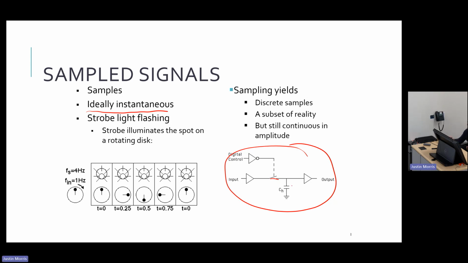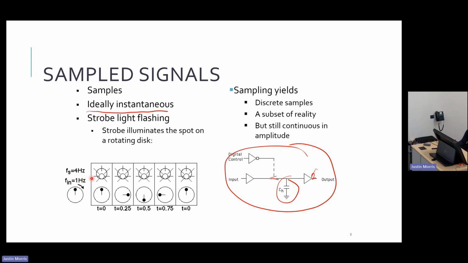It's going to charge this capacitor, which will then hold that value for that set amount of time, so that our system can then read that value. So this is the simple sample and hold circuit. And here is an example of something that we would maybe want to sample.